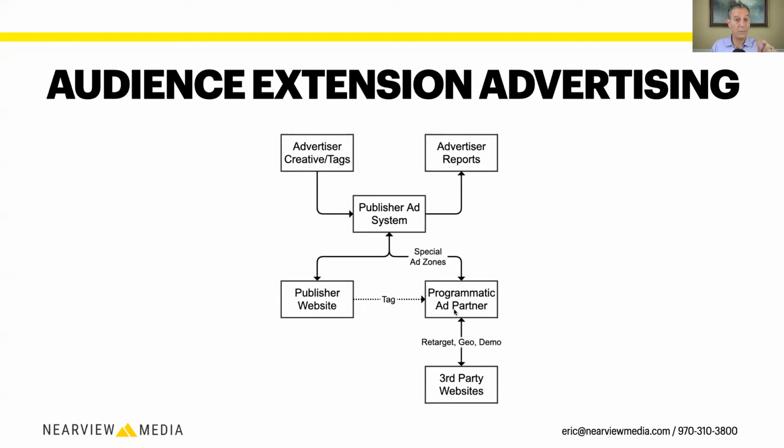We'll target them to the people who have visited our website in the last 30 days, right? This is where the advantage comes, in that we're not just doing geo-targeting or demographic targeting. We're actually retargeting our audience as they're visiting these select third-party websites.